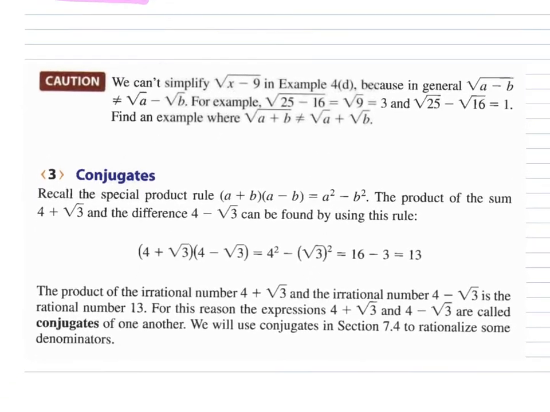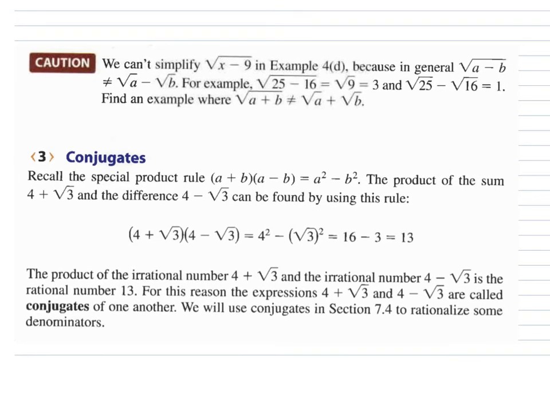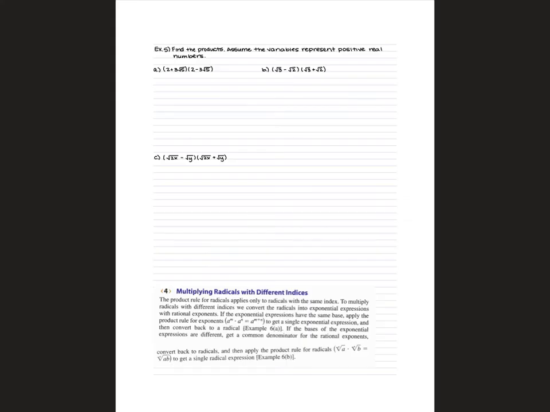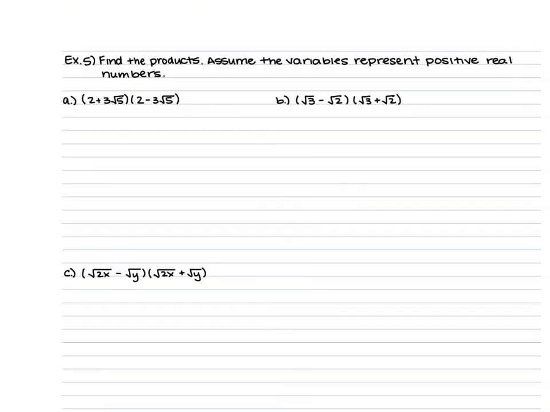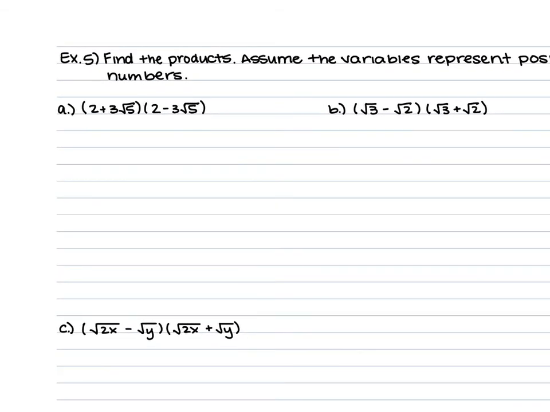For our next set of examples, we're going to be looking at conjugates. Conjugates are literally the opposite sign in the middle of two terms within a binomial. So when we are looking at the conjugates, we realize that our radicals will cancel out. If we look at example 5, we're just finding the product. So for example A, we have 2 plus 3 square root 5 times 2 minus 3 square root 5.